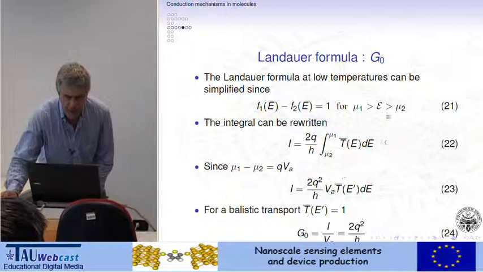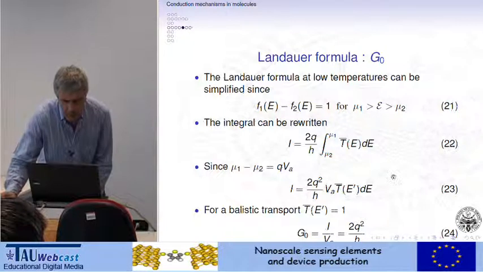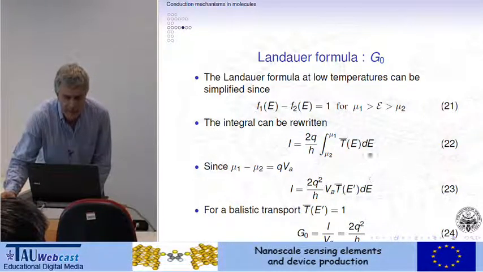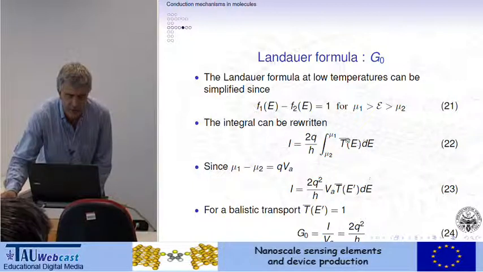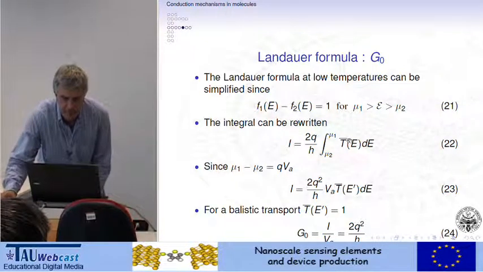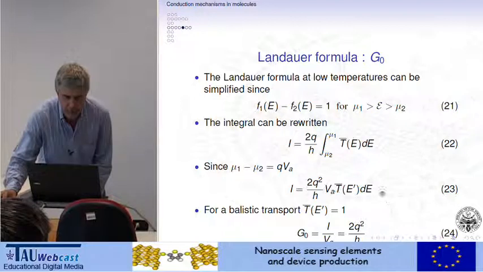Sorry, this term should be omitted, obviously. Now we can do a very simple approximation. We can say we have a system where the transmission probability from the electrodes to the conductive level is 1. If you do that, you get a very common expression called G0, that is 2q square over h.